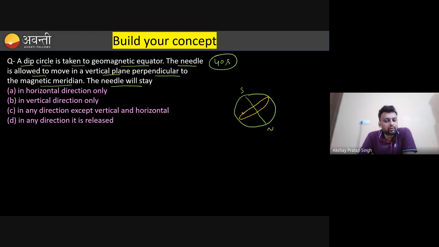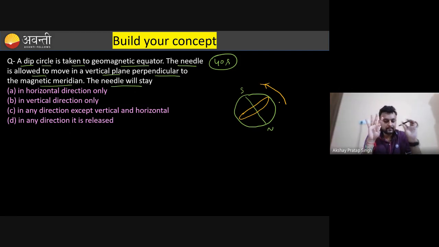At the magnetic equator, the needle is allowed to move in a vertical plane, but everybody knows the magnetic field is horizontal at this place. The needle can move in the vertical plane, but the magnetic field tries to align it in the horizontal direction, and the needle is not free to move in the horizontal direction.